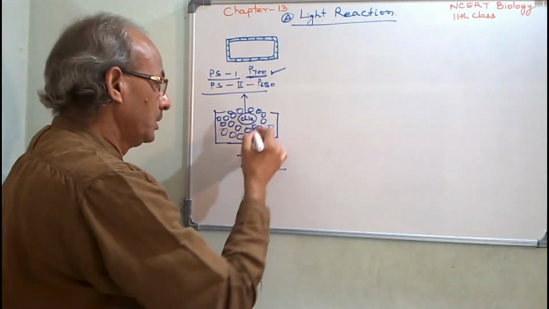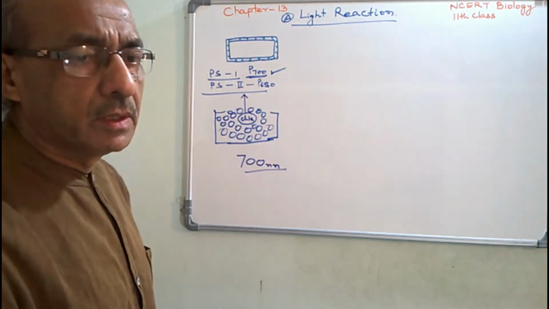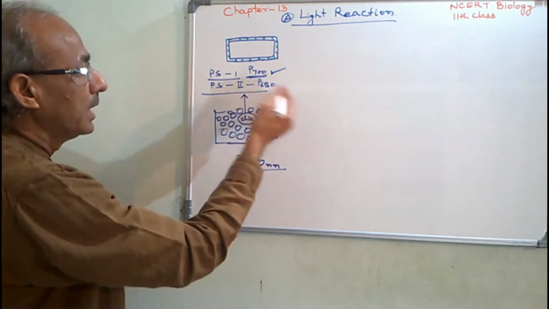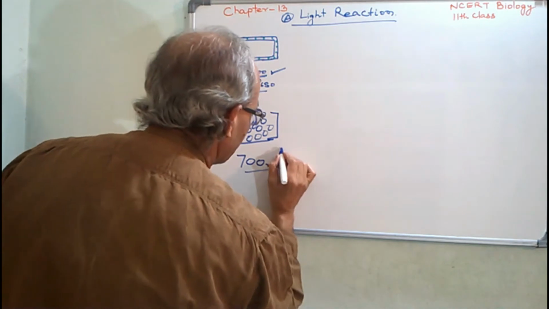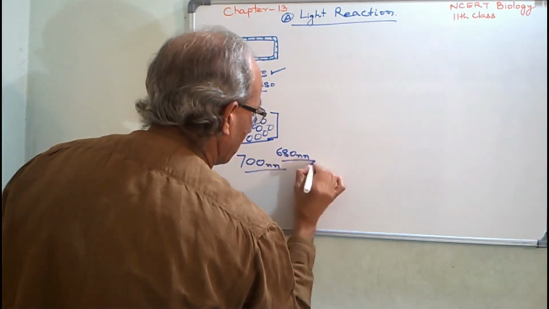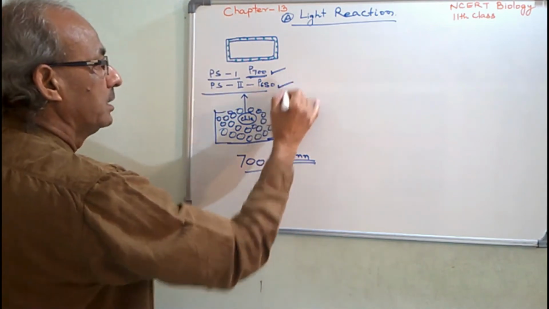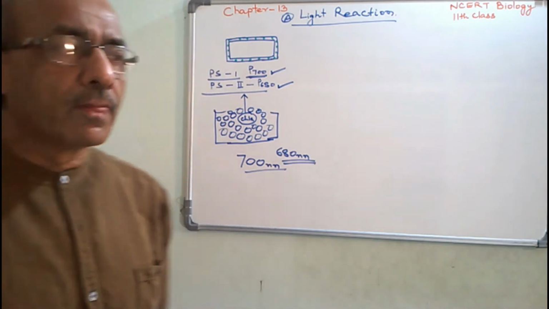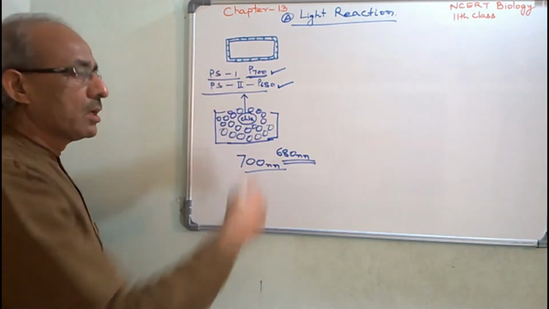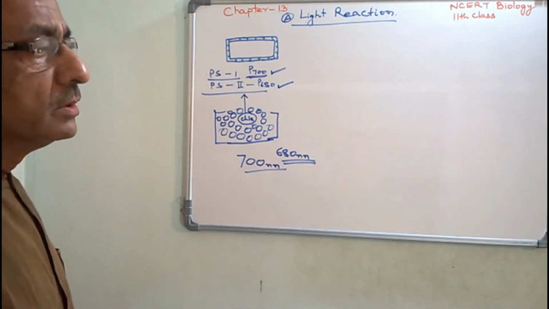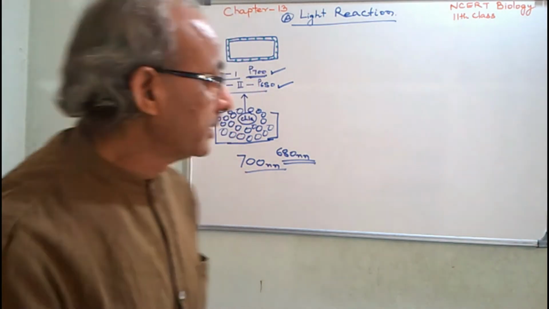While in photosystem second, the reaction center absorbs the red color of the light having 680 nanometer wavelength. So it is called P680. These are the overall description of photosystems which take part in light reaction.